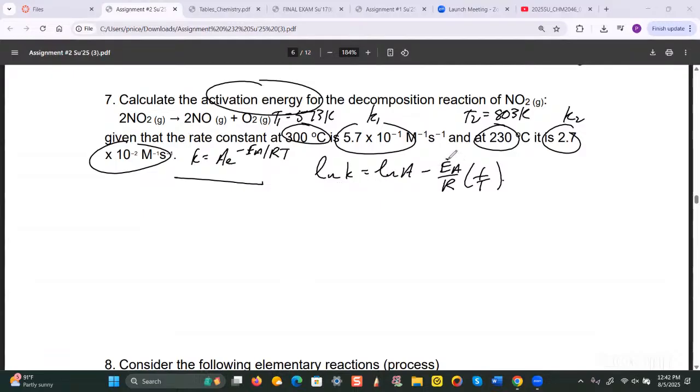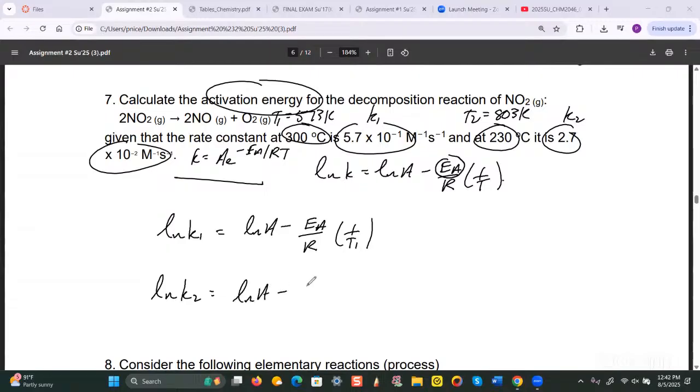What we're trying to find is this. So ln k1 is equal to ln A minus Ea over R times 1 over T1, and ln k2 is equal to ln A minus Ea over R times 1 over T2.